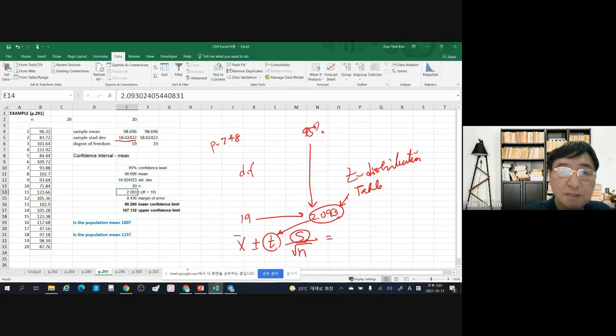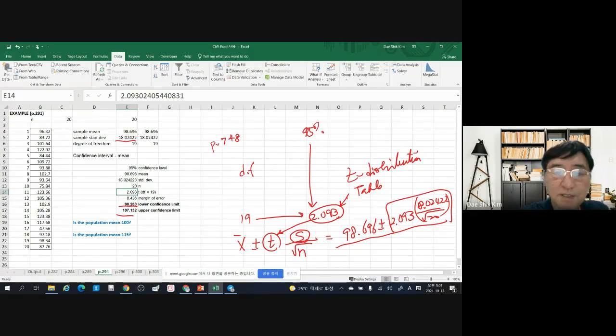So x bar is 98,696 plus or minus 2.093 times s, which is 18,024.22, over square root 20. When you calculate this, this term is the margin of error, which is 8,436. It is calculated already.